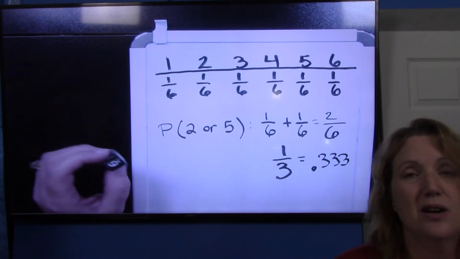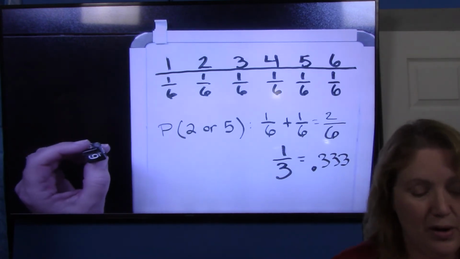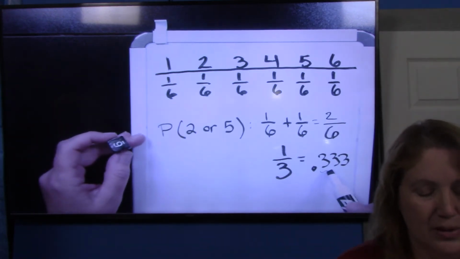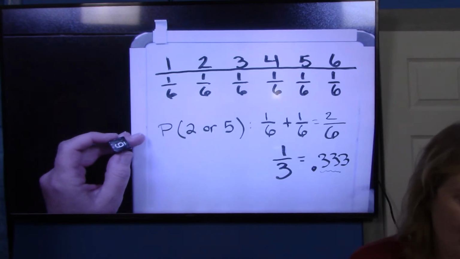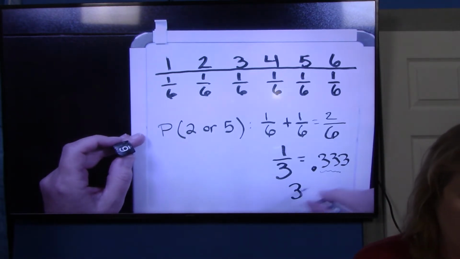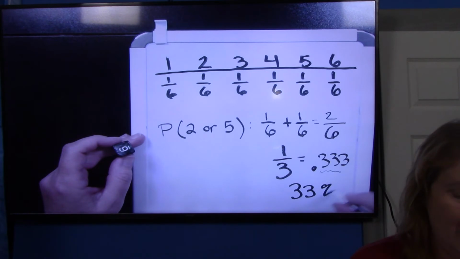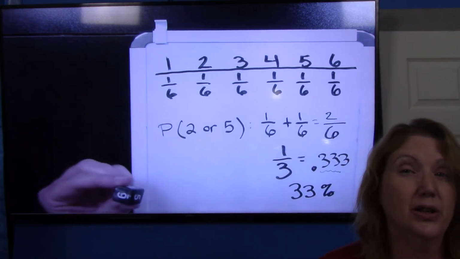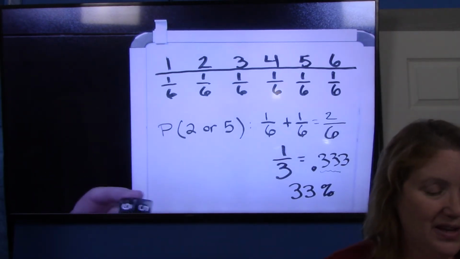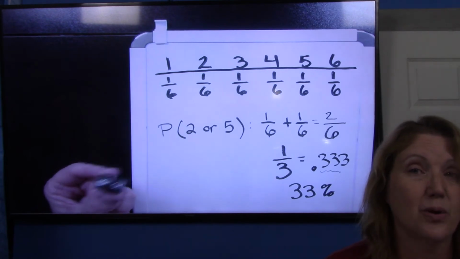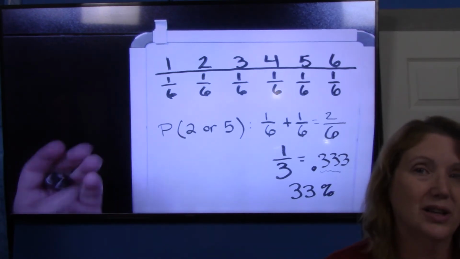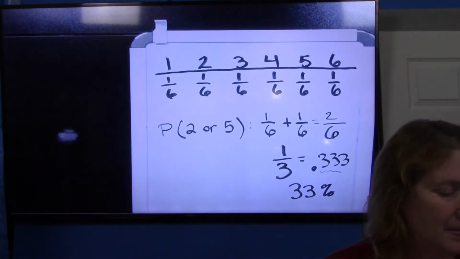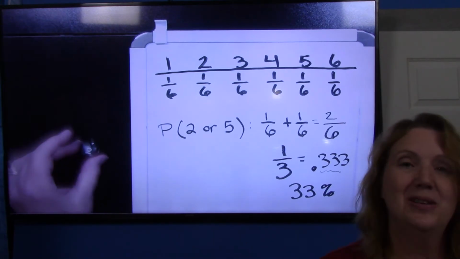So since we're talking about percent, we only want to look at the first couple numbers after the decimal. So it's actually going to be 33% chance. So I have a 33% chance of getting a 2 or a 5 when I roll this. So let's take a look at this and see. I happened to get a 2.